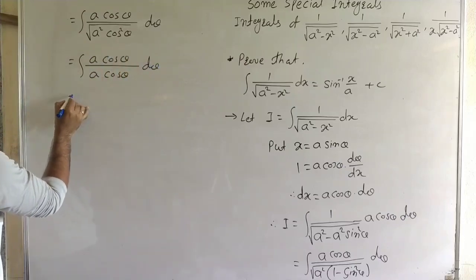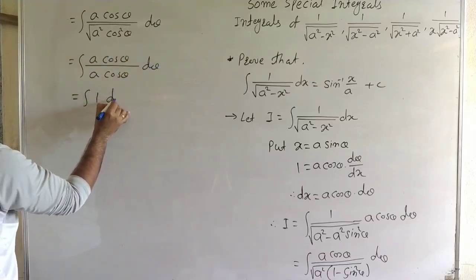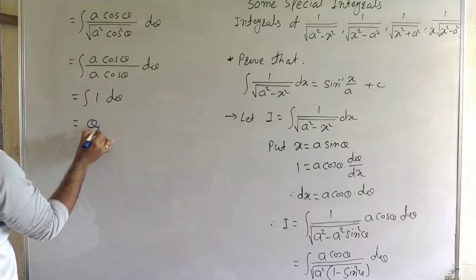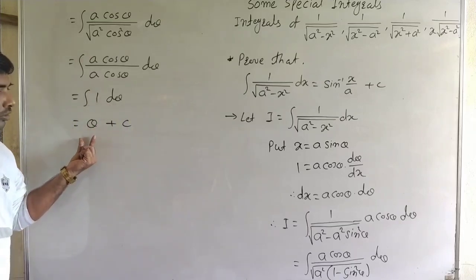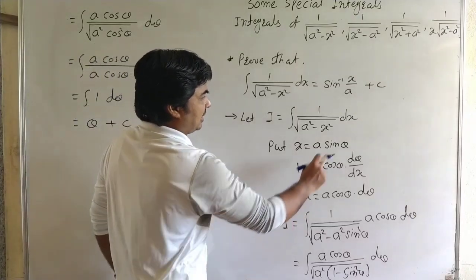Then a cos theta gets cancelled, here 1 d theta, or it is d theta, and then the integral of 1 with respect to theta is theta plus c.